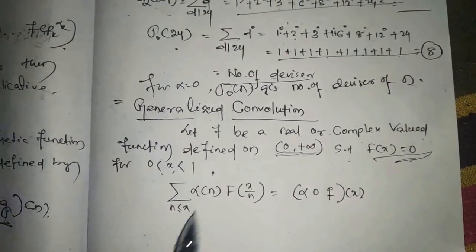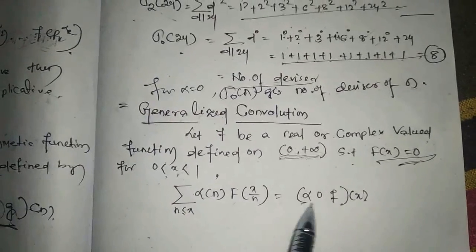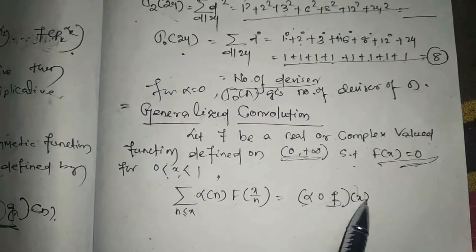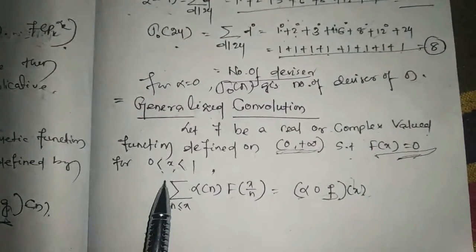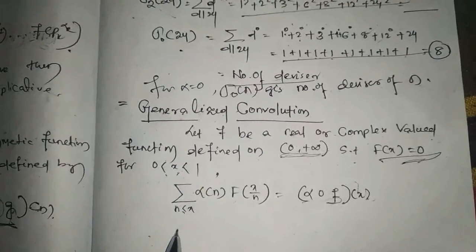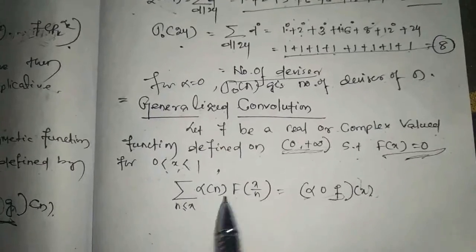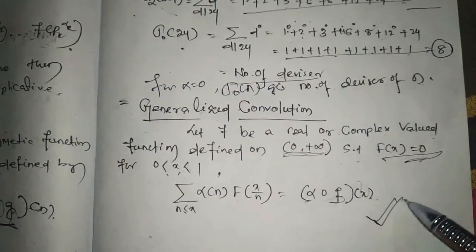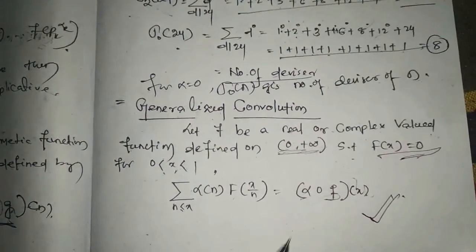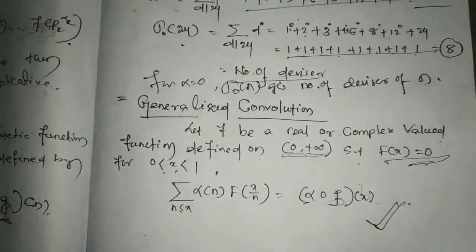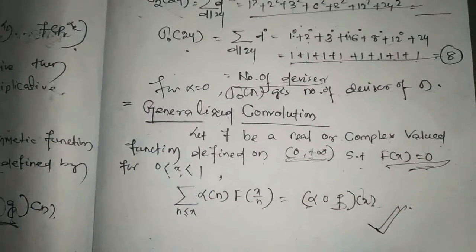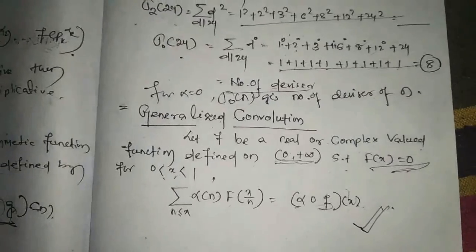Then the convolution of alpha and f over x can be defined as the summation over n less than x of alpha and f of x by n. This is the generalized convolution. We can discuss this convolution further in our next videos.